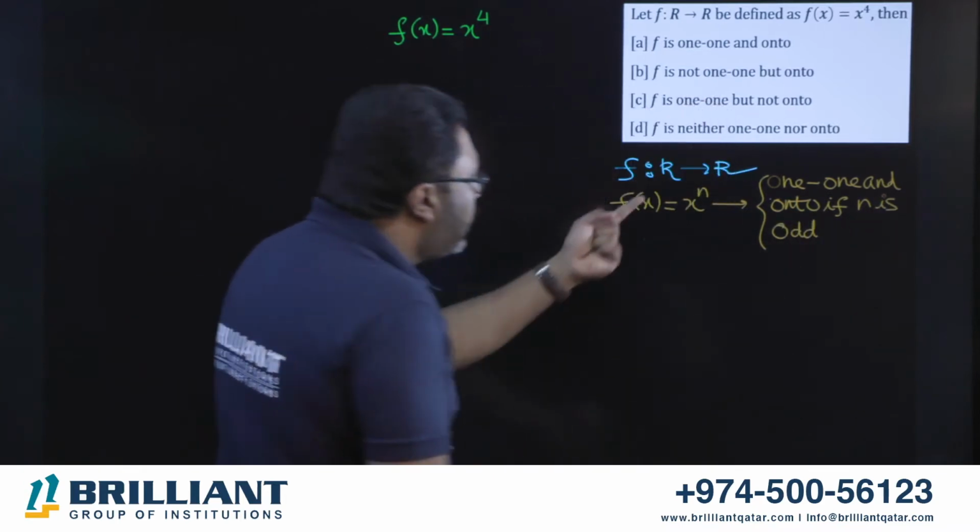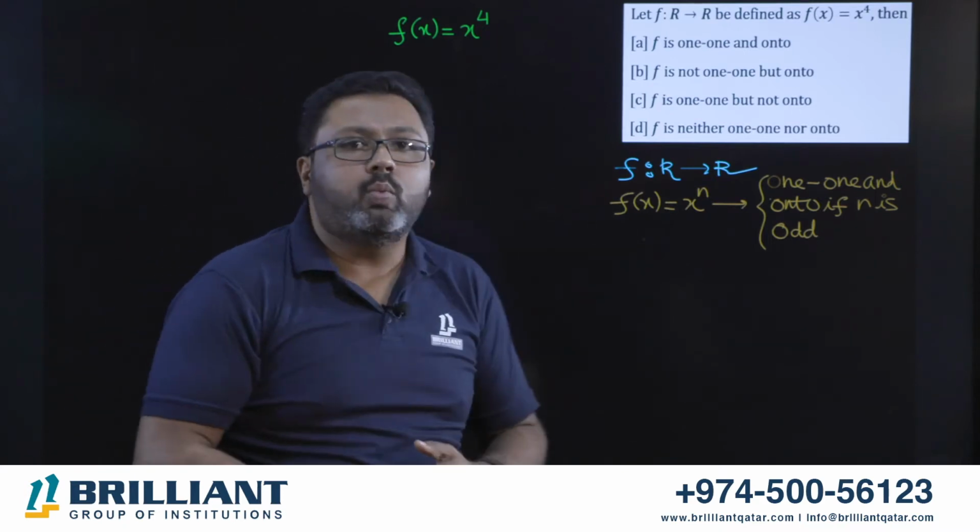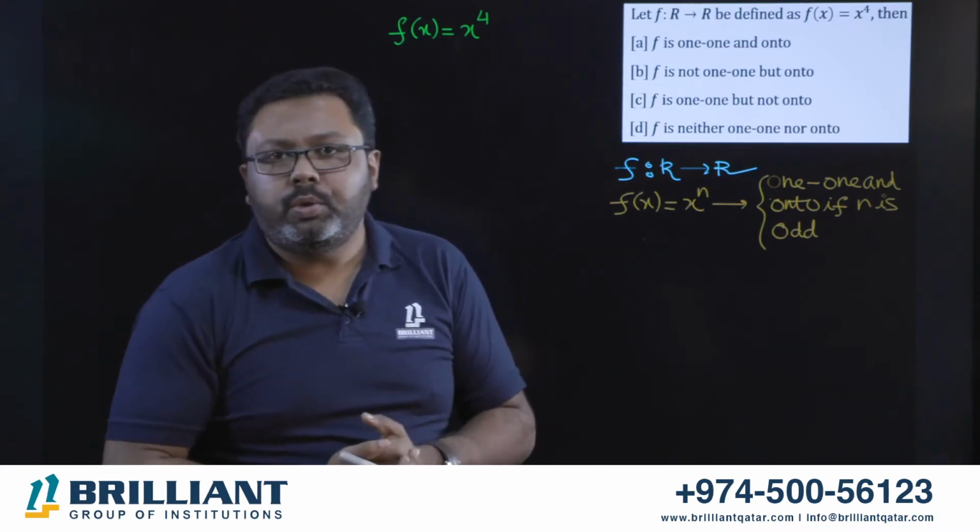If my n, the power of x, is odd, then f of x is always 1-1 and onto.